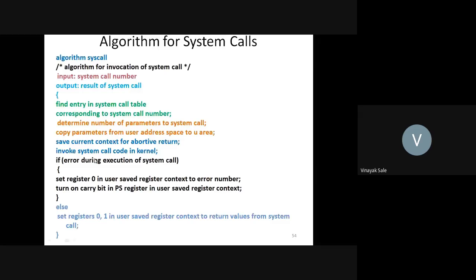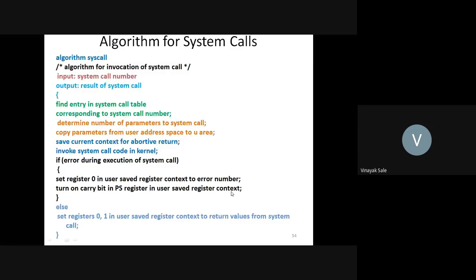If there is an error during the execution of the system call, then set register 0 in the user saved register context to the error number. Set the carry bit in the process state register in the user saved register context.